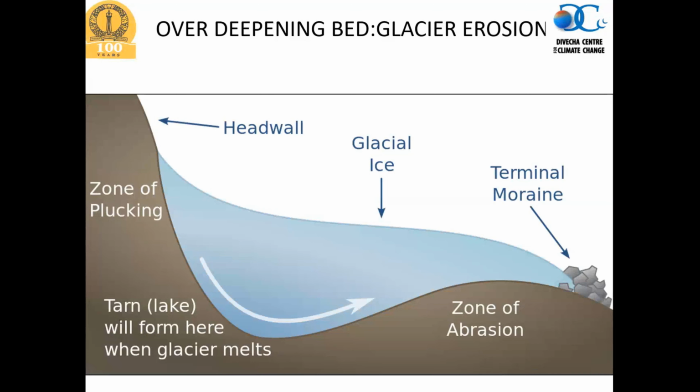But what is really the key reason why lakes are formed, particularly in the Himalayan region, or for that matter any mountain region, is over-deepening of the bed, and that is because of glacial erosion. So we have already seen that glaciers have a head wall, and then they have glacial ice.